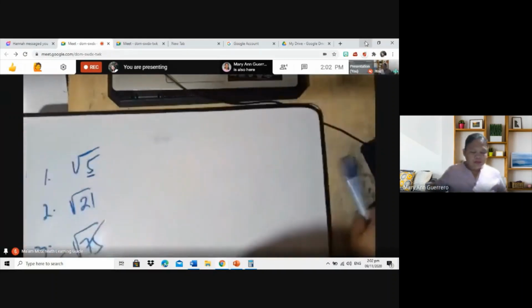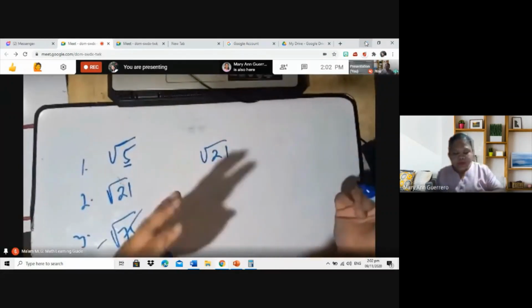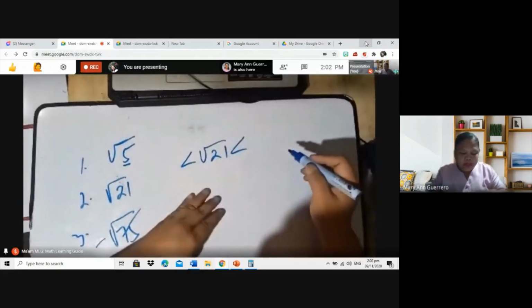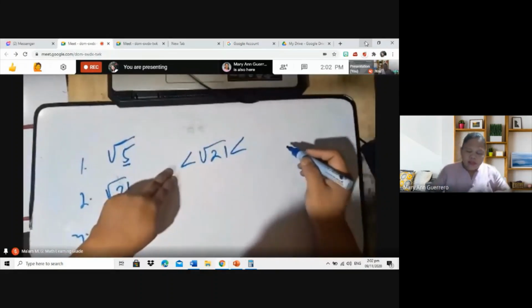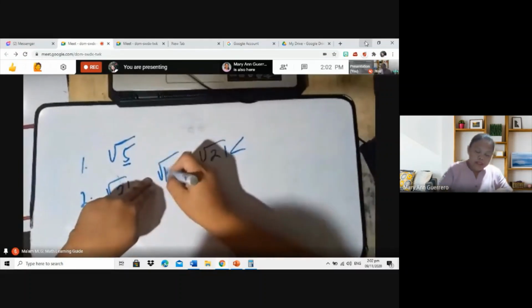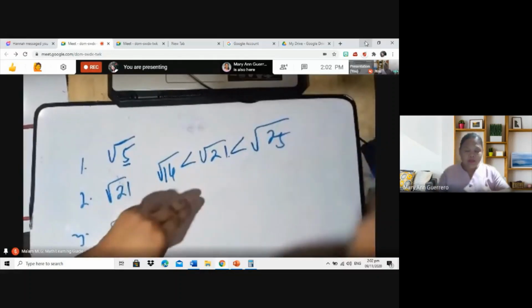Okay, so square root of 21. The value of square root of 21 is between, ano yung mas maliit sa kanyang perfect square? Si 16. Mas malaki sa kanya si 25. Okay.